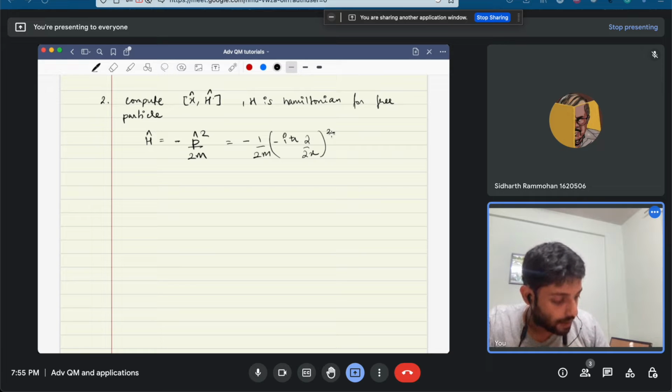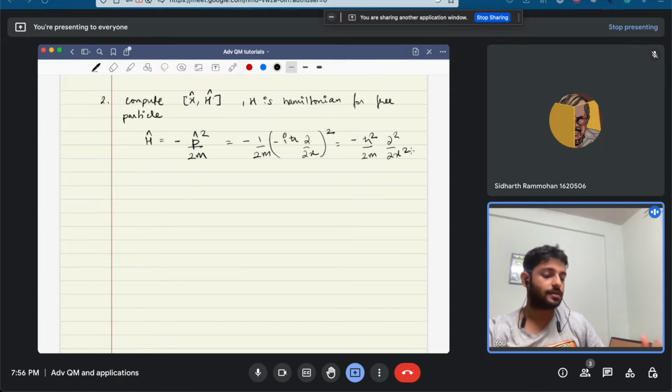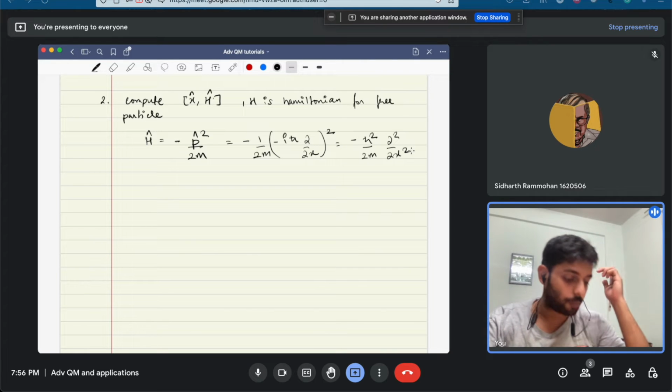I squared is minus 1 essentially, and we end up getting minus h bar squared by 2m del squared by del x squared. So this is the Hamiltonian operator that we will be operating on.